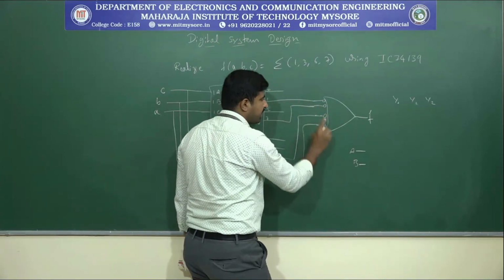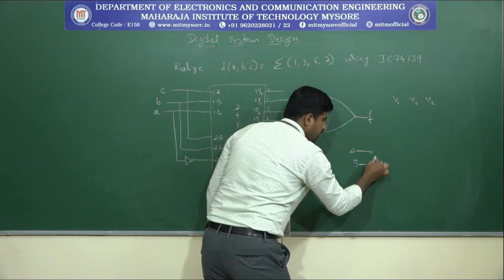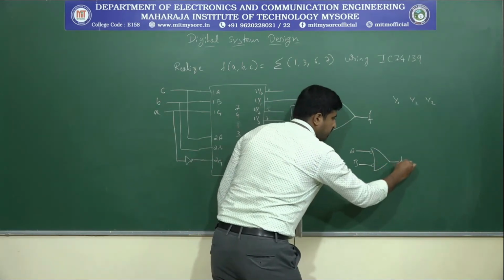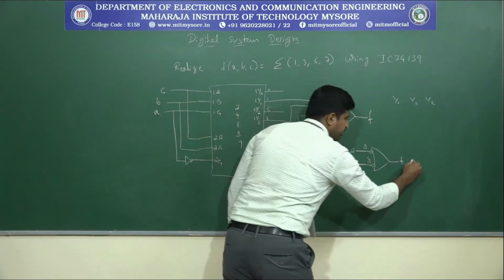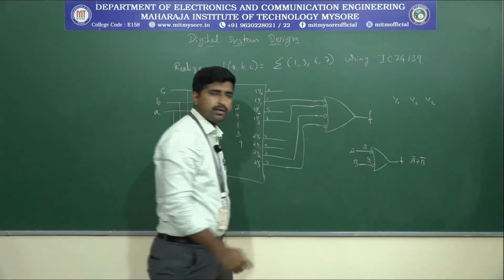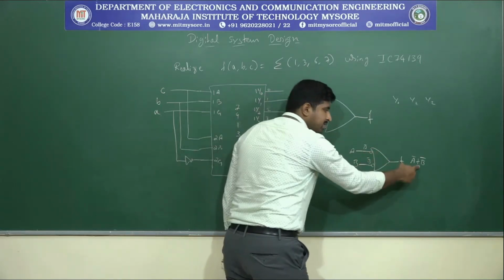Assume these are the inputs of an OR gate, A and B, with bubbles. This corresponds to A bar and B bar, and F is A bar plus B bar, the OR gate. So these two will be summed.